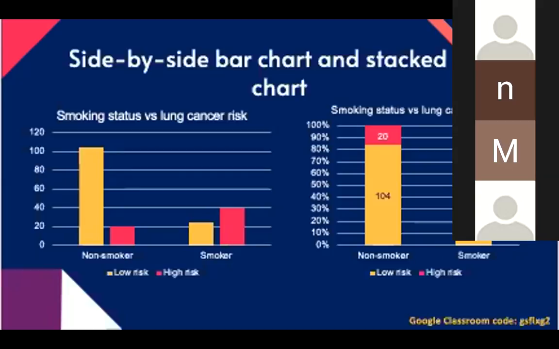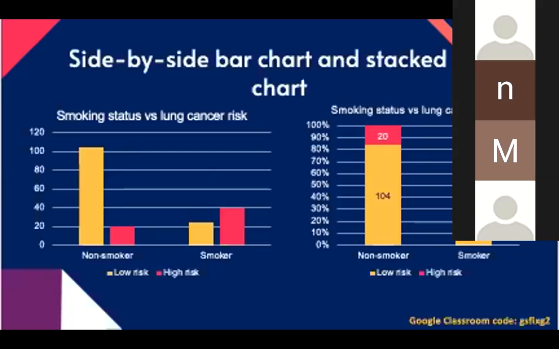So it's up to you. Both will have the same impact, which is to let your readers compare your data much quicker and easier. But it's up to you to choose whether you want to report in terms of the actual numbers or the proportion or the percentage of the data.